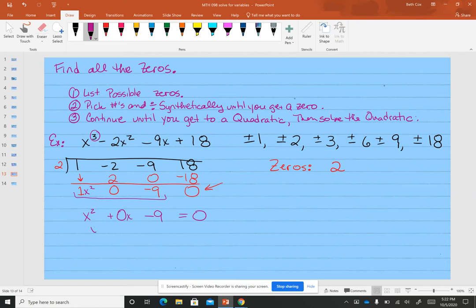Probably the easiest way is just by taking a square root. Since that b term is really not there, I can add 9 to both sides. And then I can just square root both sides, and I get positive and negative 3. And so those are my other 2 answers.